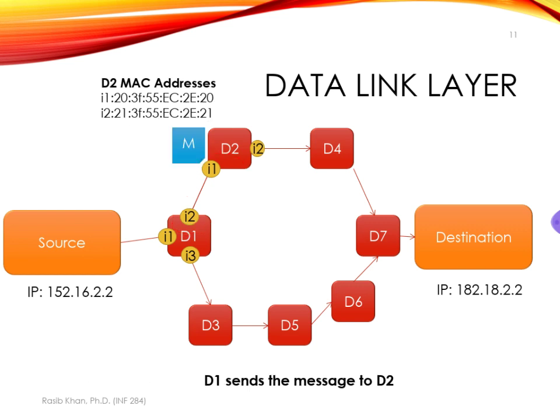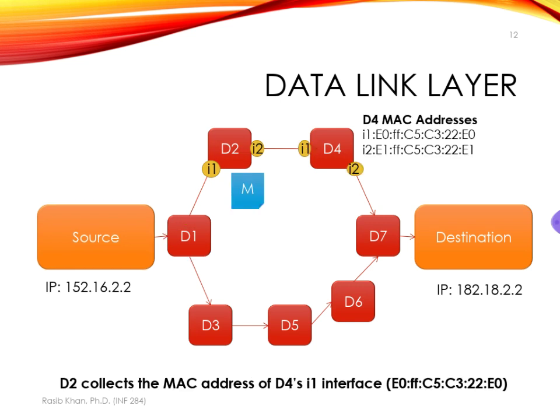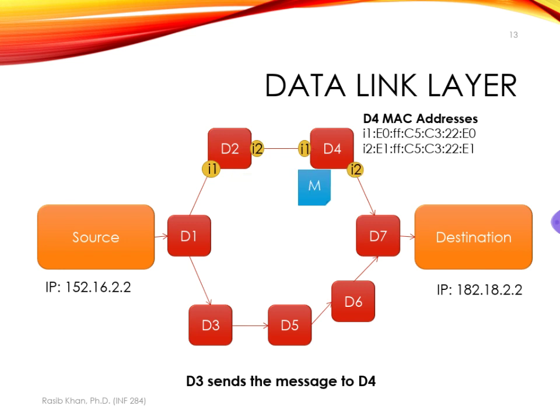And once it is collected, D1 then sends the message to D2 directly to that specific interface I1. After that, D2 would need to forward it to D4. And for that, it needs to know the specific MAC address of that interface. So D2 collects the MAC address of D4's I1 interface and sends the message to D4.